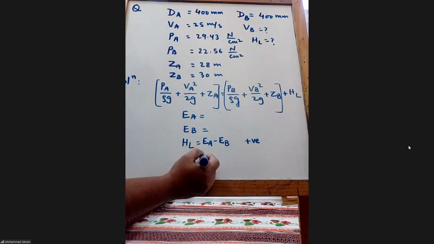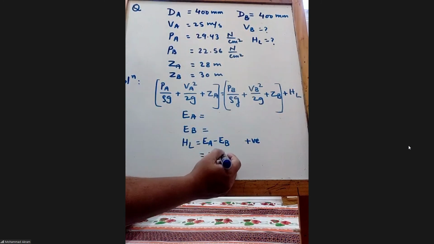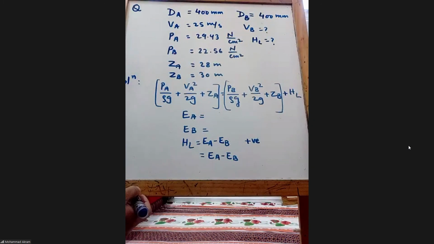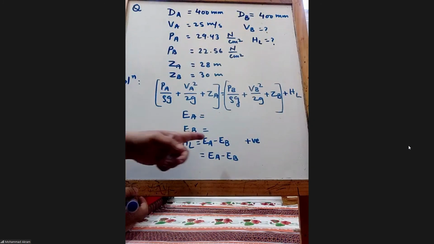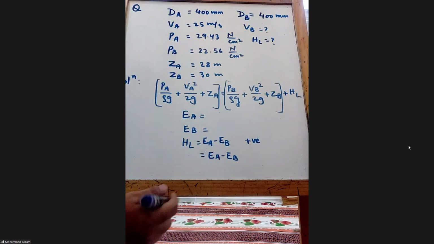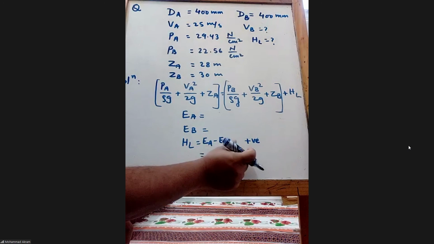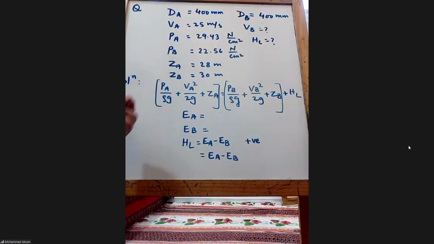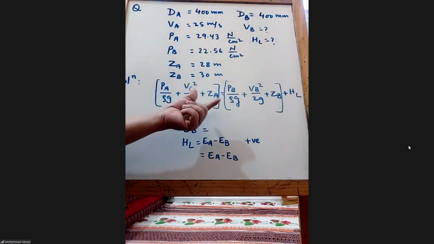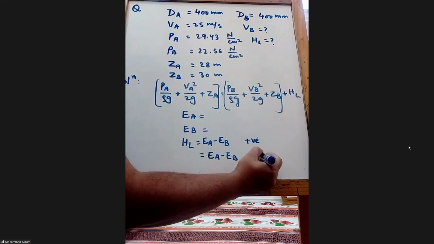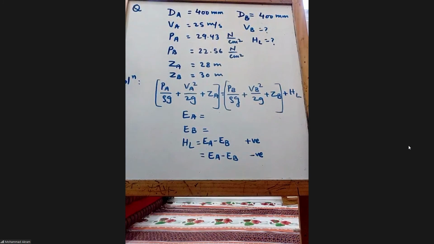Doctor, in the question, it says find the loss of head between A and B. Yes, loss of head between A and B, but that's what I'm saying. If A minus B is coming positive, then the flow is from A to B. But if A minus B comes negative, then what will happen?